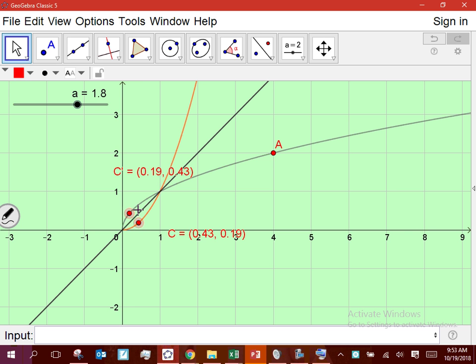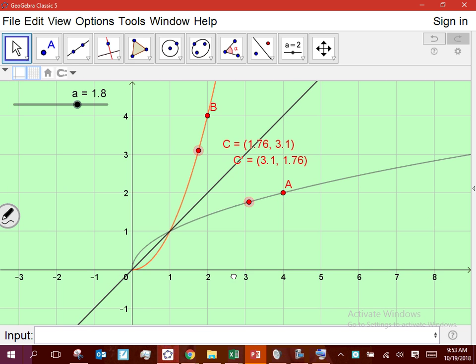C prime's on the square root, C is on the squared function. If I make it a reflection, are we seeing that no matter where those points C and C prime are, the ordered pairs, is this one A comma B and this one B comma A? Do they flip? Okay. And that's something that we're very interested in, okay? The reflection, how they function across the line y equals x, will give you the graph of its inverse.